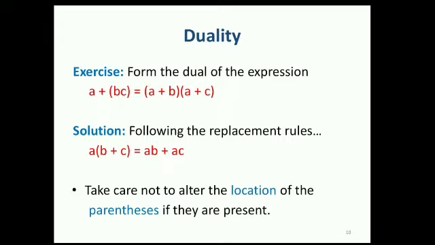If this expression holds true in Boolean algebra, then the expression derived using the principle of duality, that is a left bracket b plus c right bracket equals ab plus ac, is also true. You can see here the operators used by exchanging plus with multiply as well as multiply with plus, and we get a new expression.